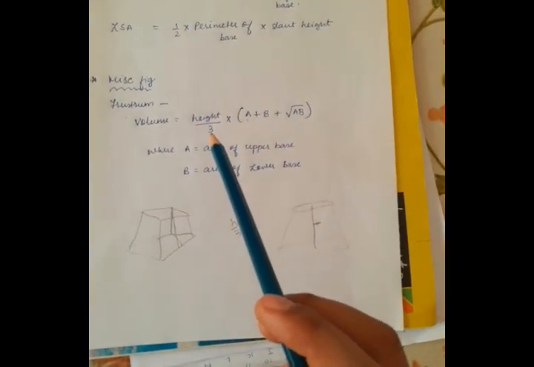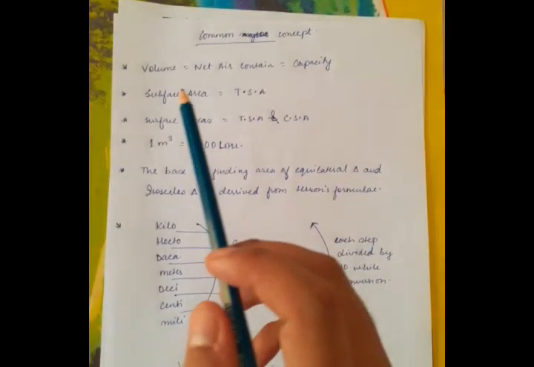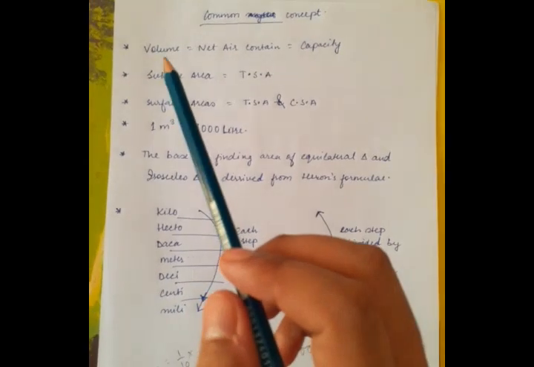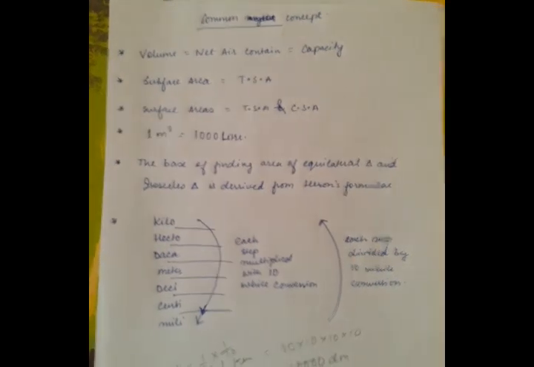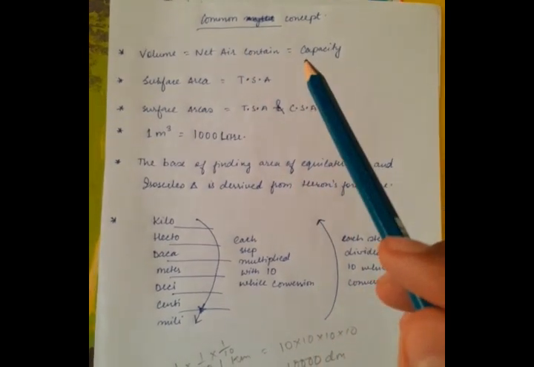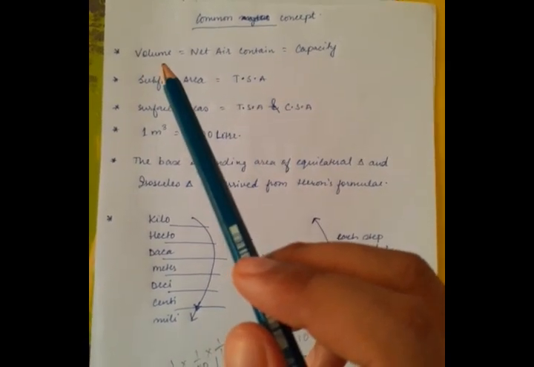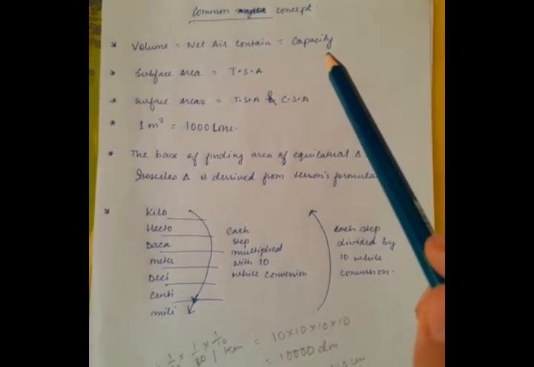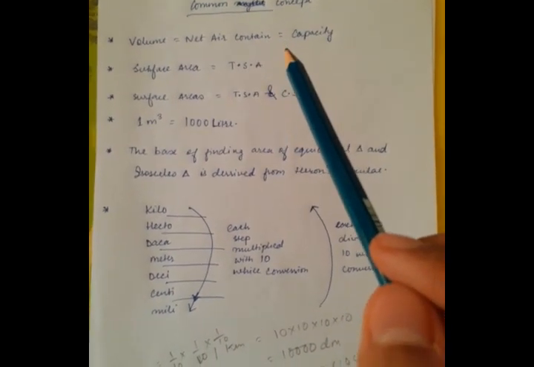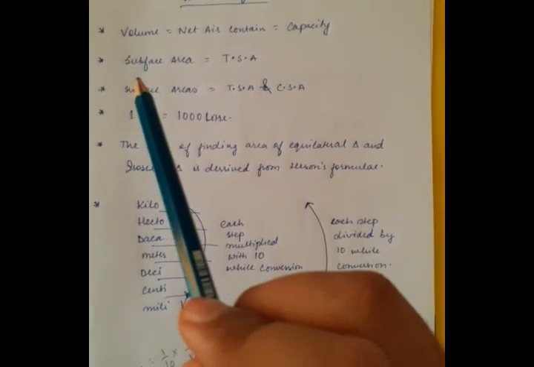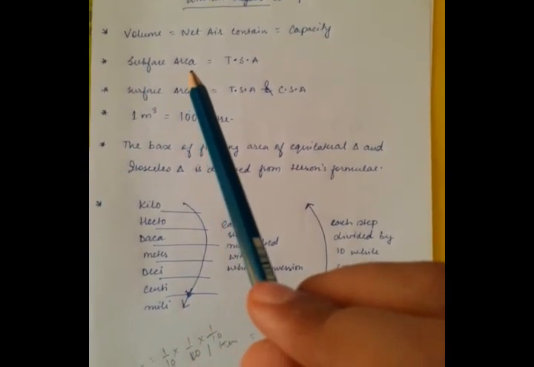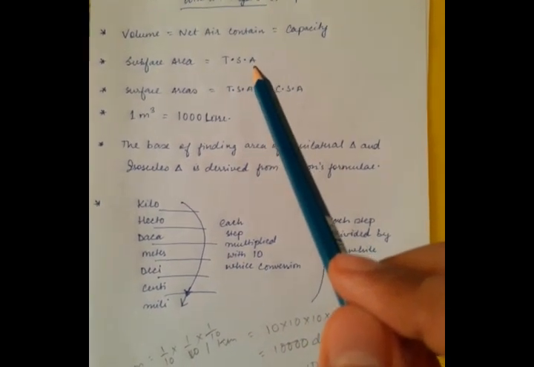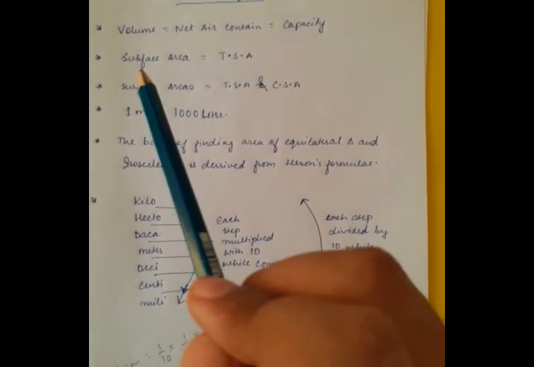So these are some general postulates regarding volume and surface area. When the question mentions net air content, always remember that we have to find the volume. If the question says find the net air content or the capacity, it's volume. Whenever the question is confusing, if it is given surface area, it is mentioned with TSA.